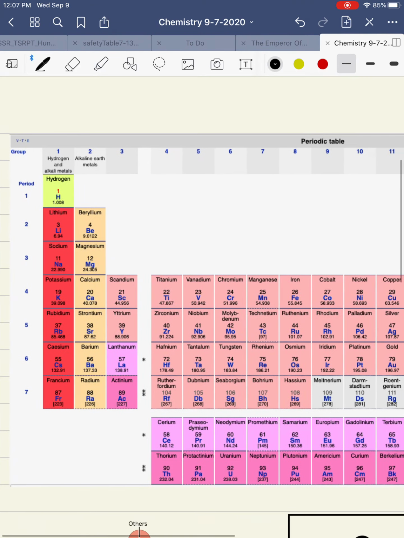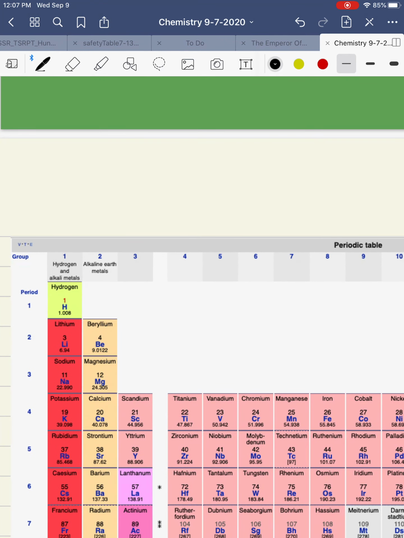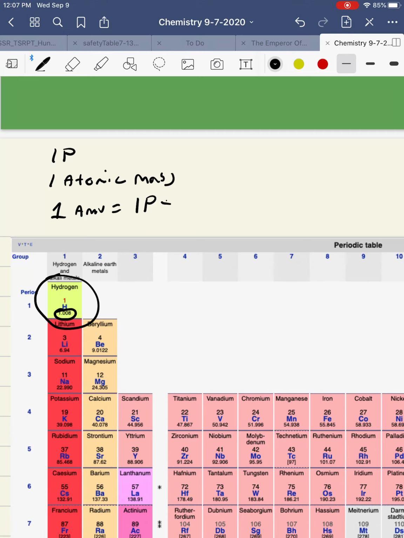Let's do one more. Hydrogen. I want you to tell me what is the number of protons, right? It's got 1 proton. 1 is the atomic mass. And how many neutrons? Well, if it's got 1 AMU, which is the atomic mass, right over here, and it's got 1 proton plus the number of neutrons, N must equal 0.